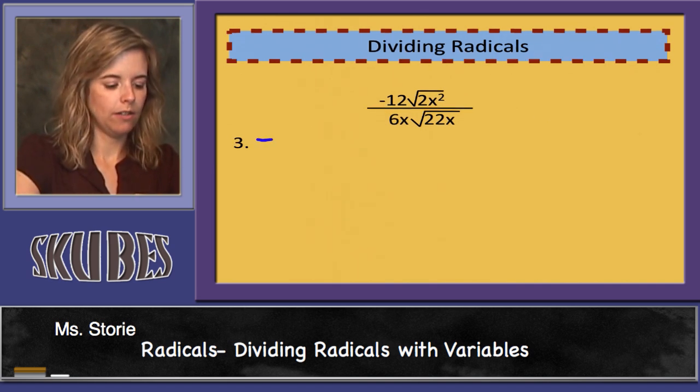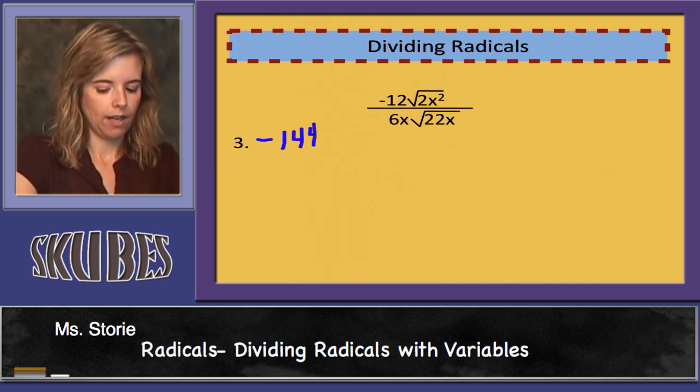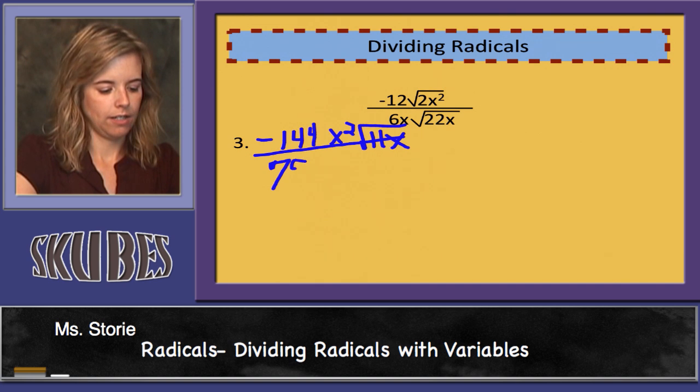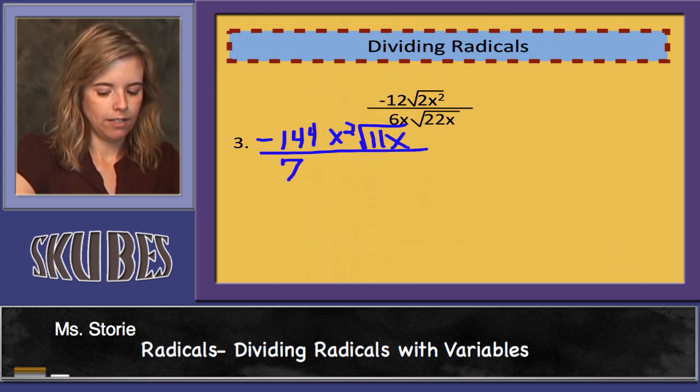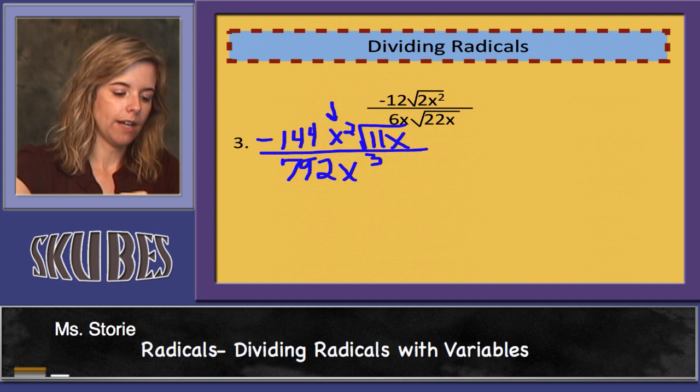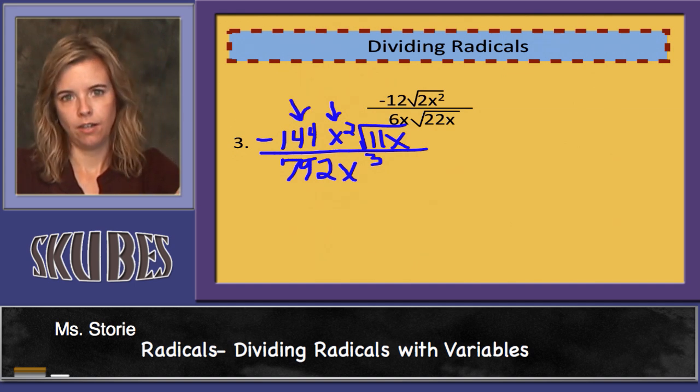Alright, so we said we had negative 144x squared, radical 11x, and on the bottom we found out we had the 792. Okay, let's fix that so you can see it. 792x cubed. We can reduce. Specifically, we can reduce the x's, and we can definitely reduce the numbers.